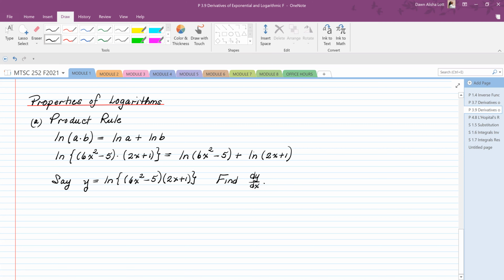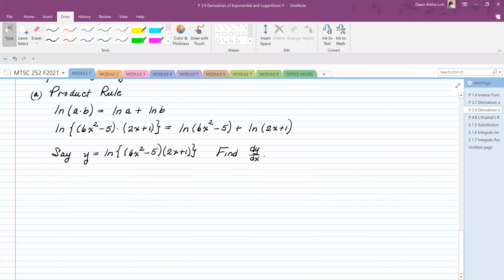Well, I'm going to simplify first. So right now we already see that we could go through and find this thing. All right, so we could say, well, that is u of x, and then find u prime of x, and then put it all in and differentiate. What a mess. We're going to simplify this first.